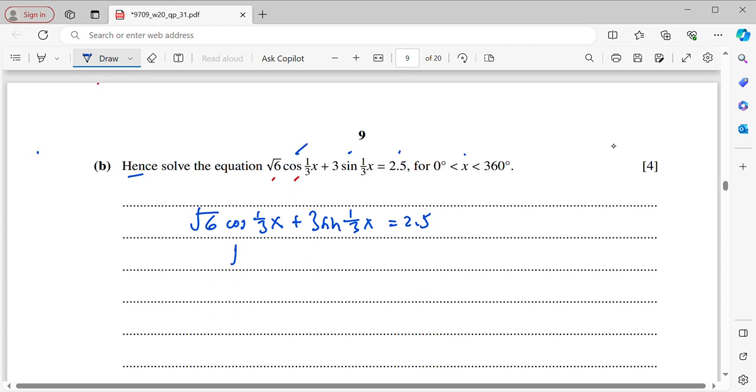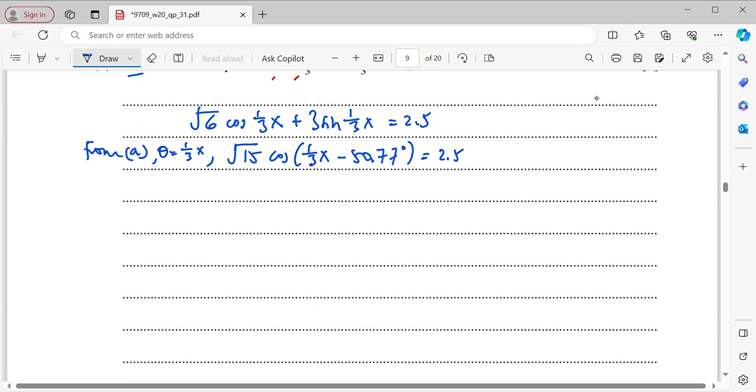So here I will get square root 15 cos(1/3 x minus 50.77 degrees). Okay, so you can write here from A, theta is 1/3 x. Then now, cos(1/3 x minus 50.77 degrees) will be 2.5 divided by square root 15.